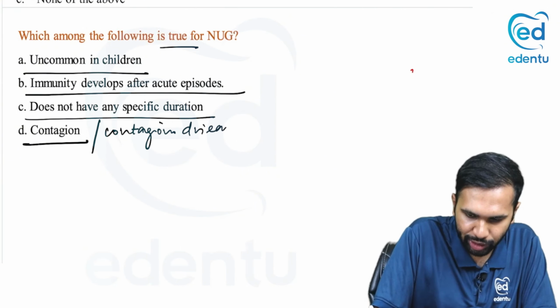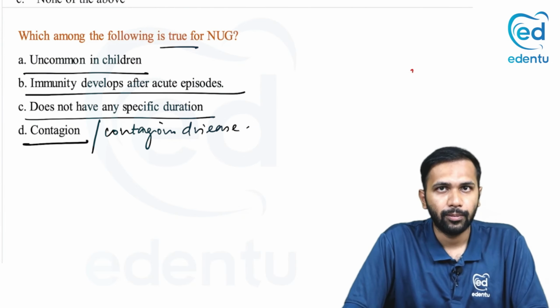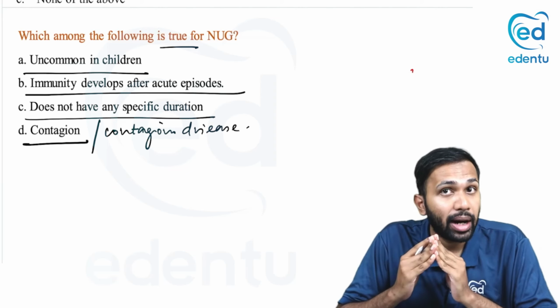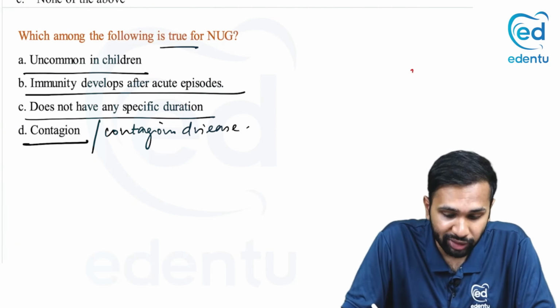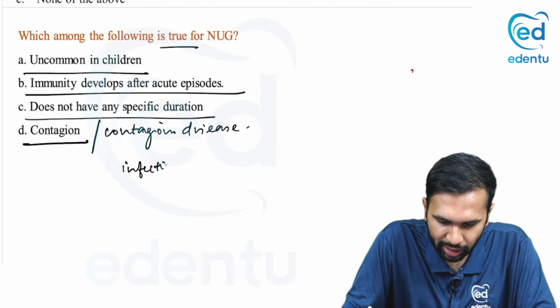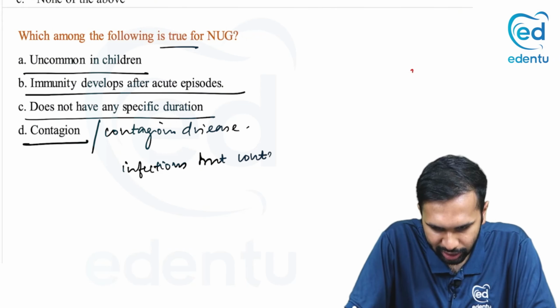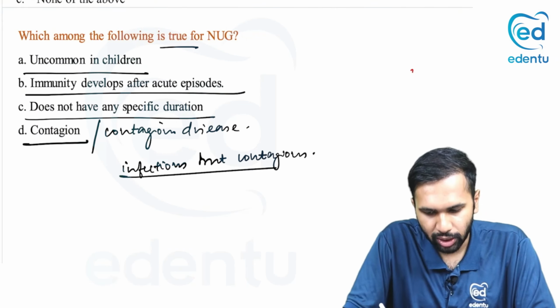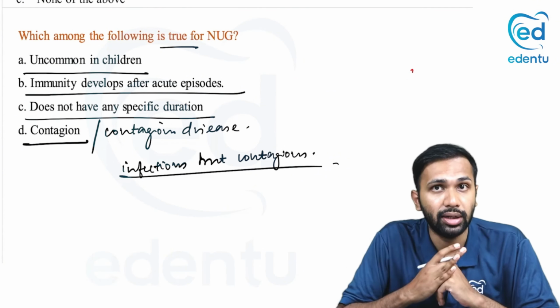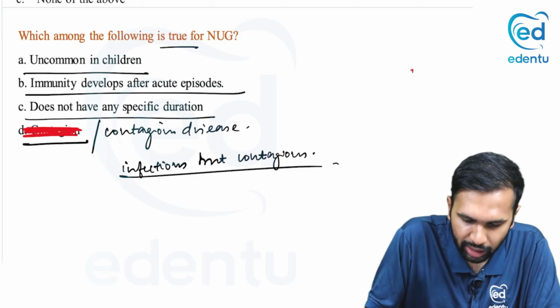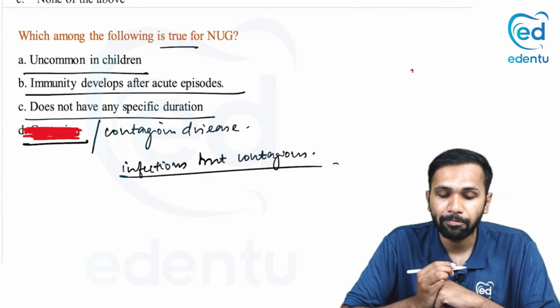While teaching you NUG, we have studied that bacterial NUG is an infectious disease, that is, it is caused by a bacteria, but it is not contagious or communicable. So you can eliminate option D.